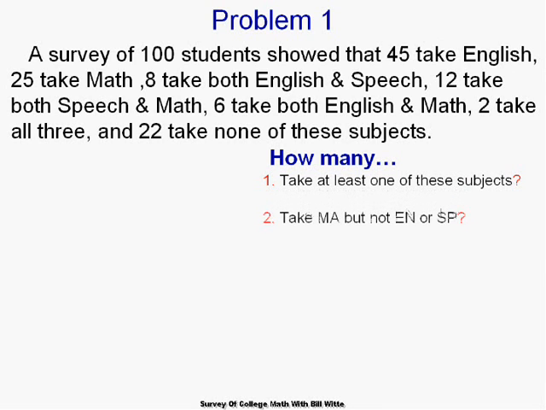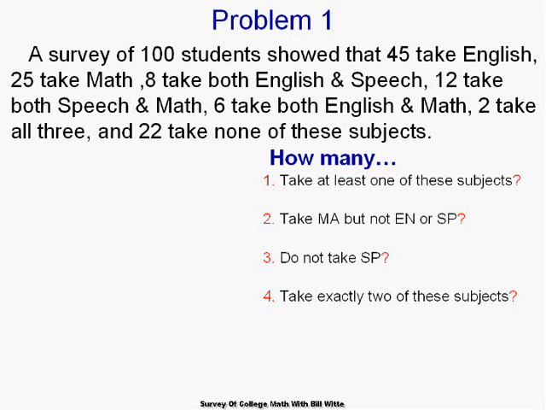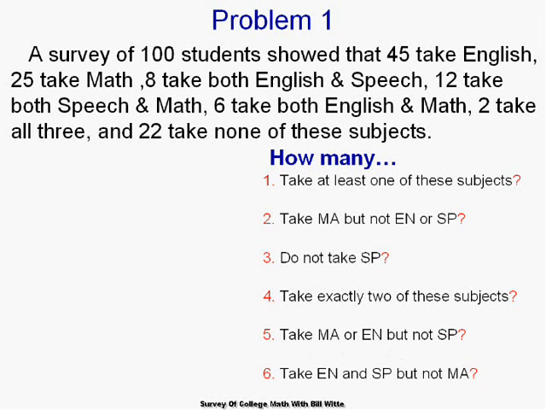How many take math but don't take English or speech? Tough, huh? How many do not take speech of the 100? How many take exactly 2 of these subjects? Any 2. How many take math or English but don't take speech? This looks tough. How many take English and speech but don't take math?